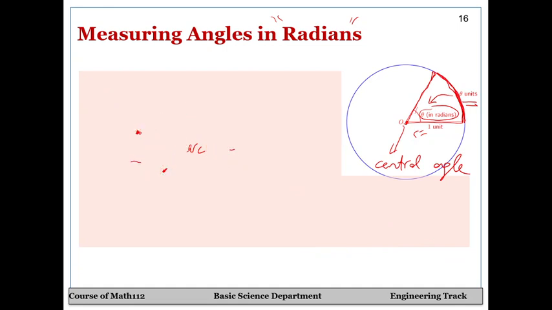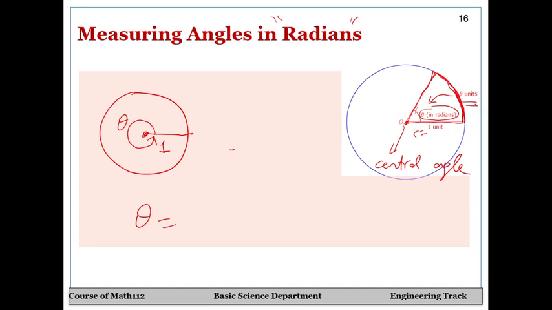So let's look at the circle here. The radius is 1. Then we are looking at this angle here, theta. So theta is how many radians? Now, this whole arc here means the perimeter of the circle.